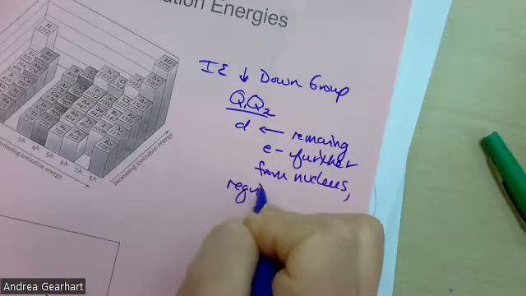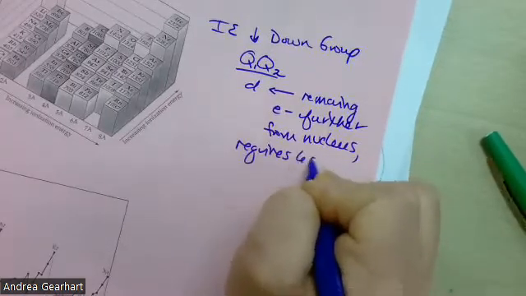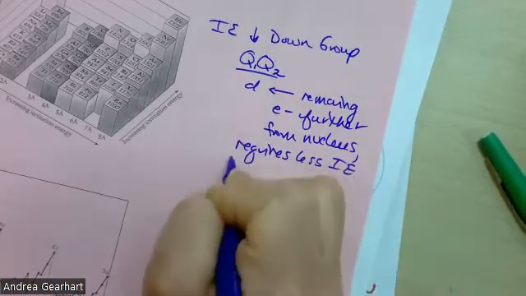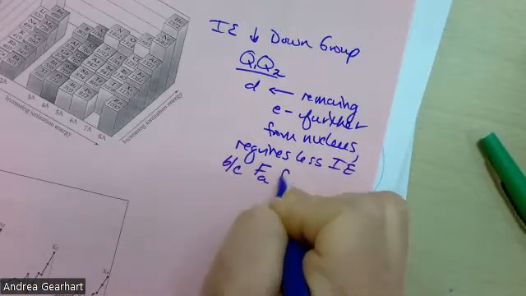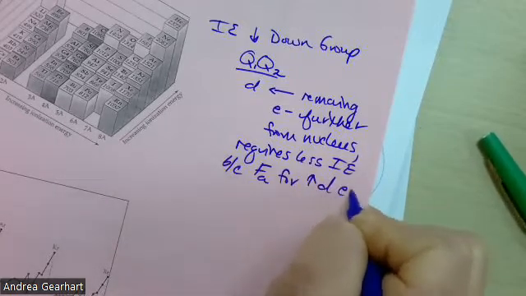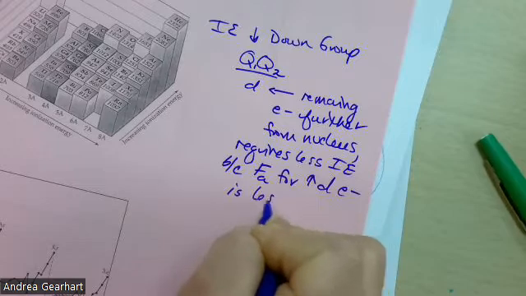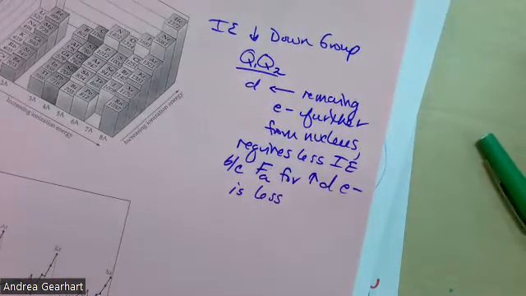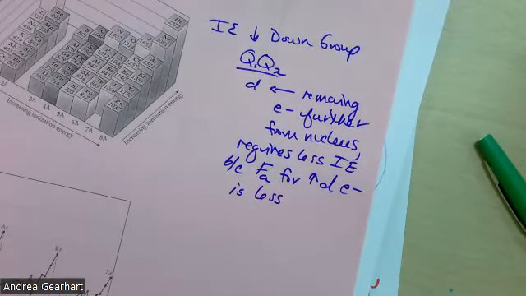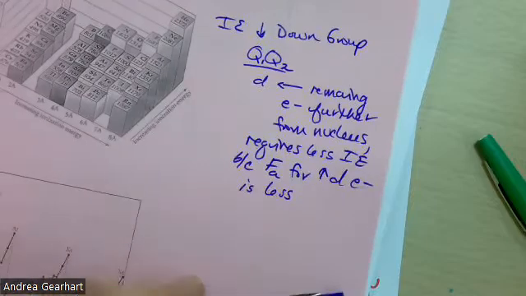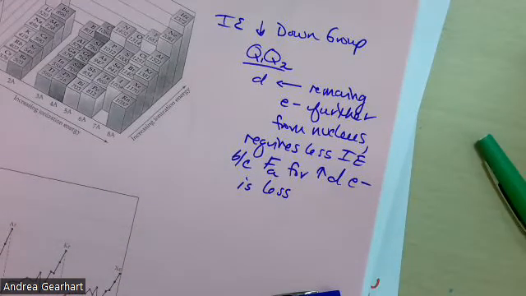Why does it require less energy, Justin? So just think, holding your sweetheart nice and close versus holding them barely hanging on. The further away, barely hanging on, is so much easier to remove than holding nice and close. Coulomb's law.